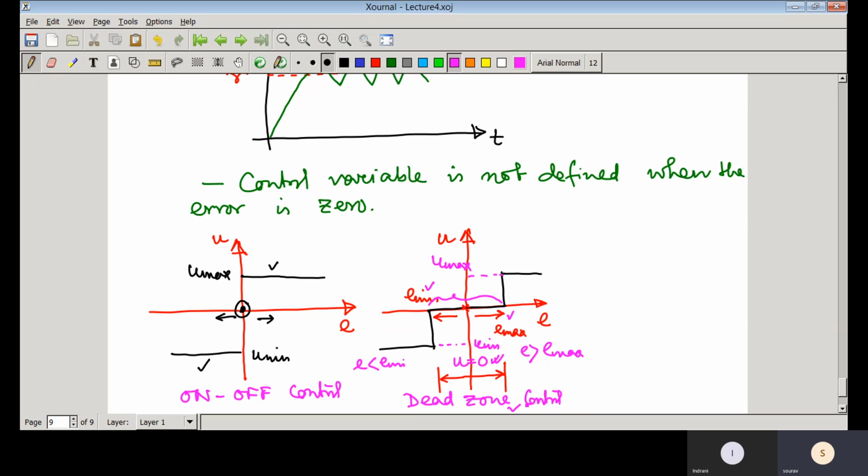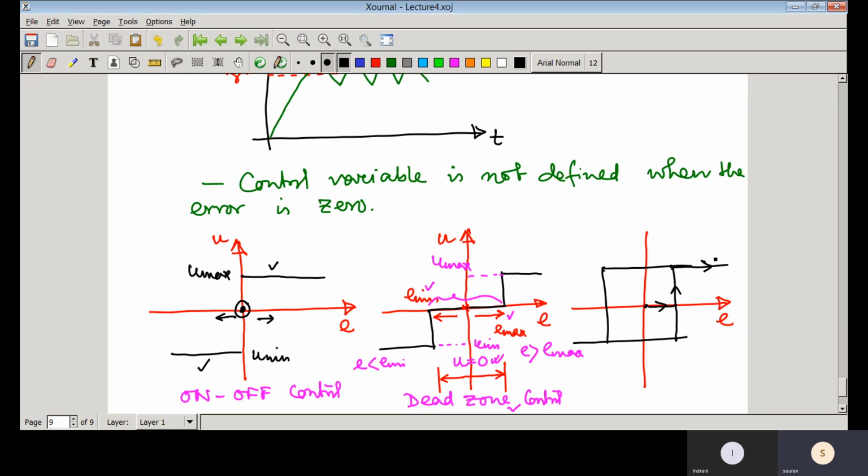Sometimes we also use another type of control strategy, that is called hysteresis control. In that case, we just keep some overlap. The overlap is like that. Suppose you start from here, and the error is increasing positive, so it is 0, and whenever the error comes to E max, then suddenly it jumps to this value, and as the error keeps increasing, it goes like this.